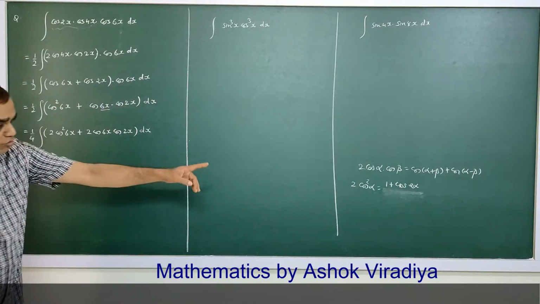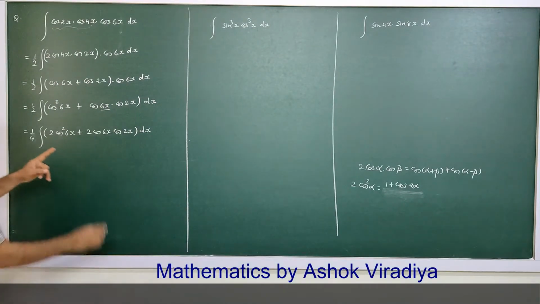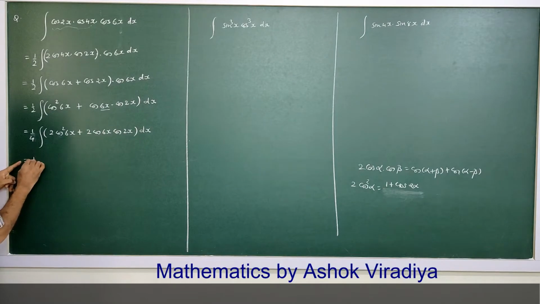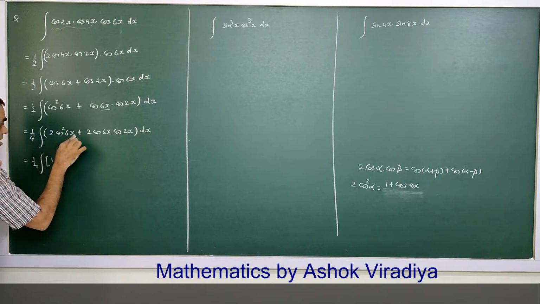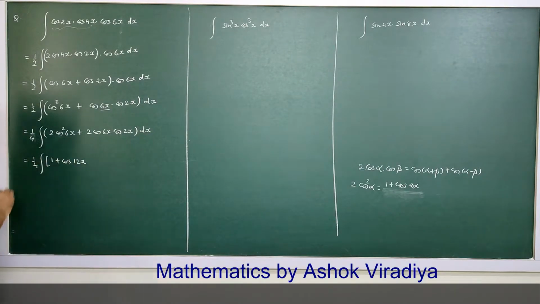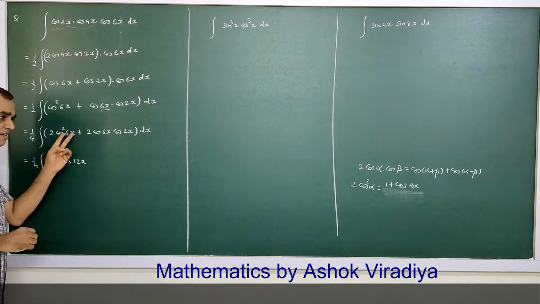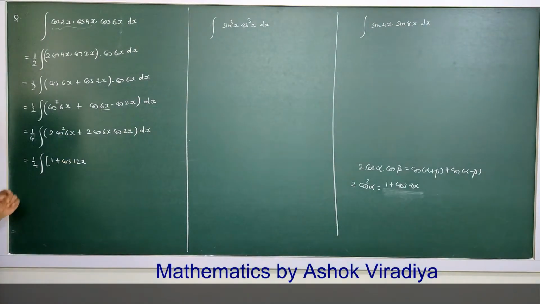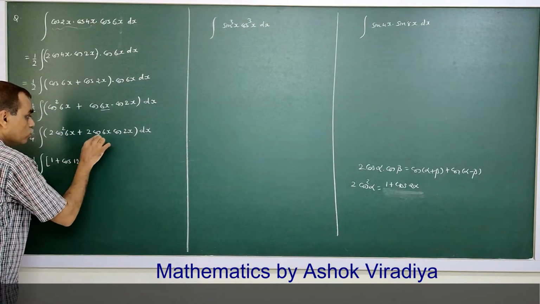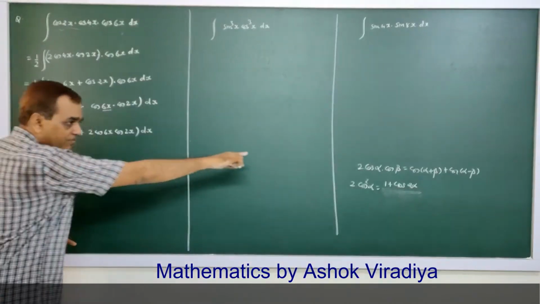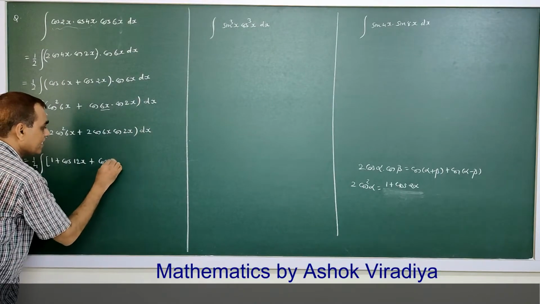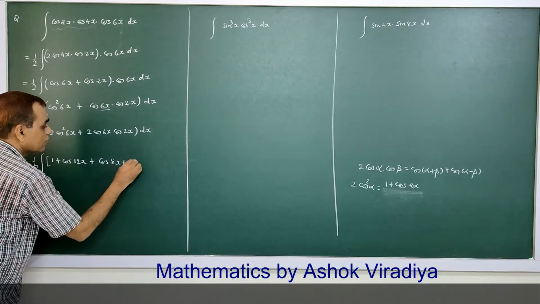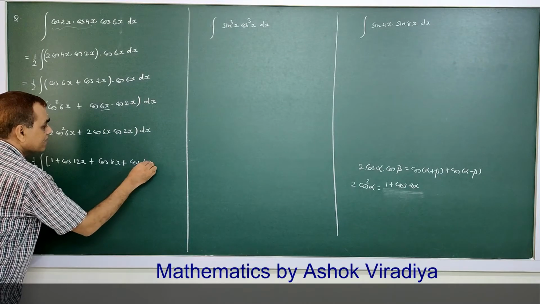So now the formula can be applied in this form. 2 cos square alpha is 1 plus cos double alpha, that is cos 12x. And here 2 cos alpha cos beta, first formula, so cos of (alpha plus beta) plus cos of (alpha minus beta).